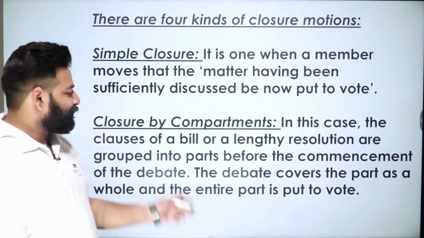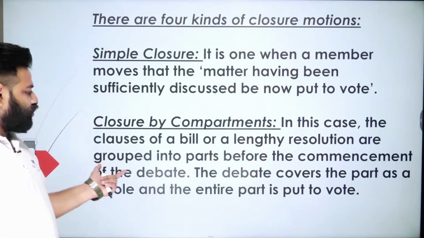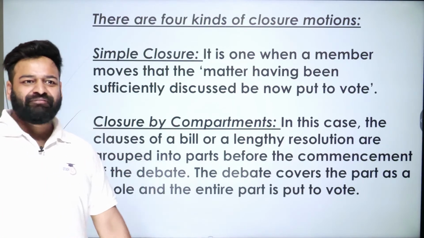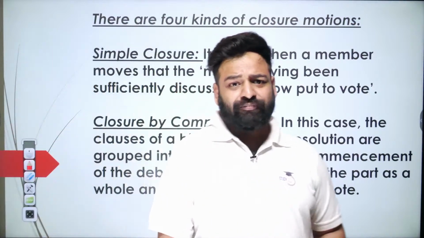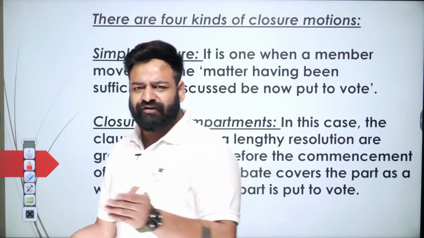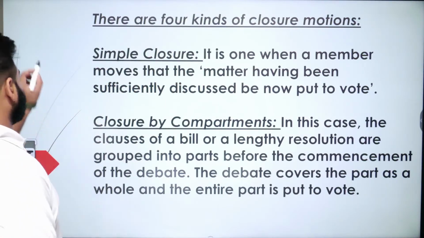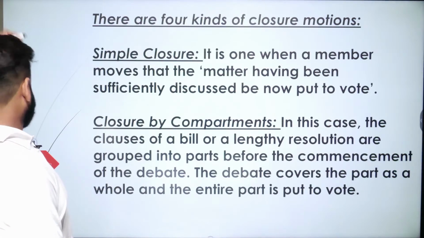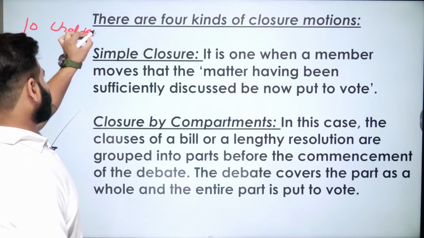So in this, the clauses of a bill or a lengthy resolution, they are grouped into parts. Let's say there is a particular bill which is having 10 chapters. So it shall be divided in 2, 3, 4, 5 whatsoever compartments. For example, 10 chapters.